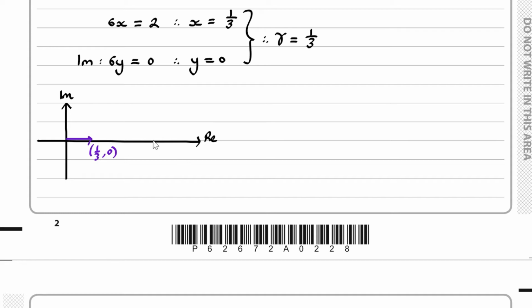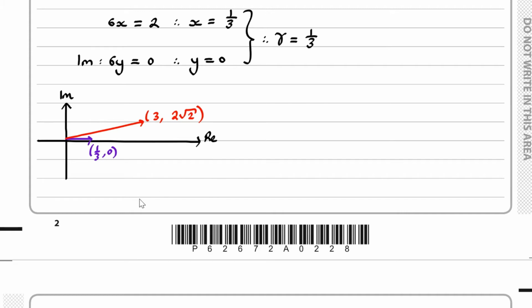So if we show those as coordinates, we have one of the roots over here somewhere. So let's just join this up with a straight line. So the coordinates here are 3, 2 root 2.